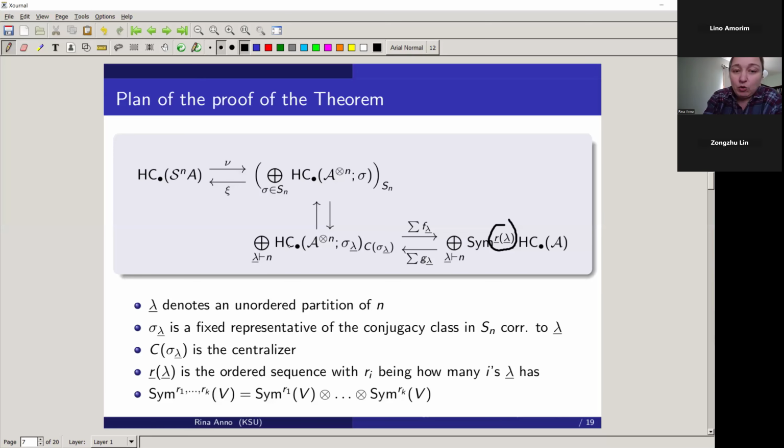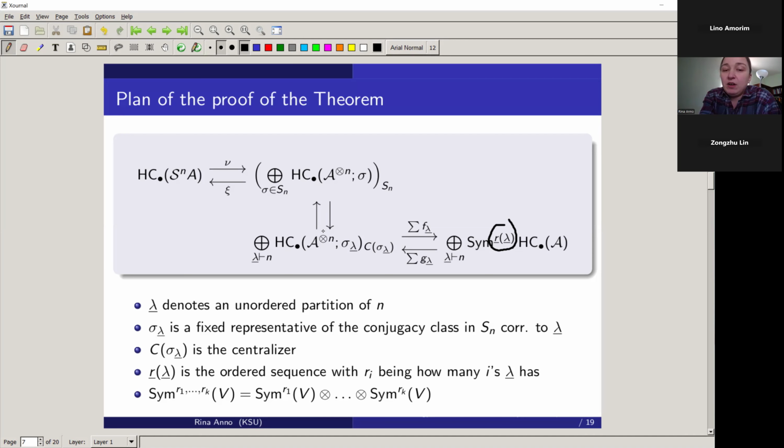So this Hochschild homology of A tensor n twisted by sigma sub lambda is isomorphic to a tensor product of Hochschild homology of A, one copy of the Hochschild complex of A for every cycle. But since we are taking coinvariants by a group that can interchange cycles of the same length, we need to symmetrize.